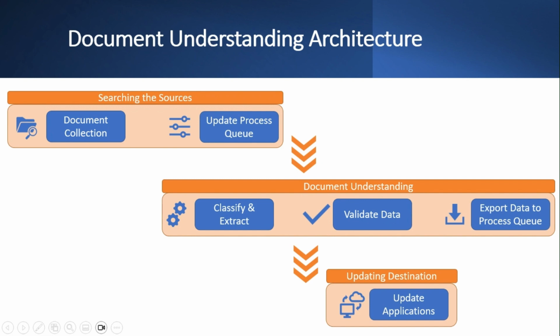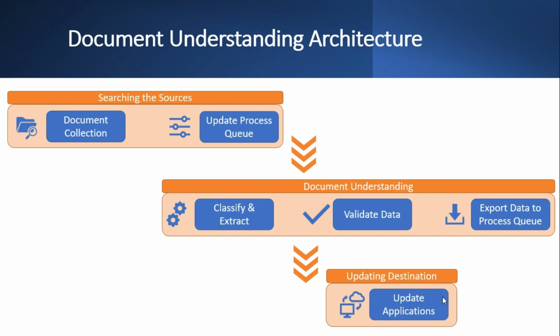So now you can see in general we have three processes. One is to collect the documents, the other one is to actually process it, and lastly, when we have the information, to update other applications. There can also be scenarios where you need to update multiple applications.